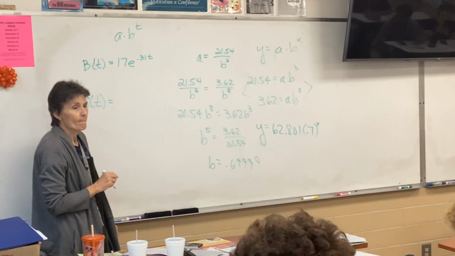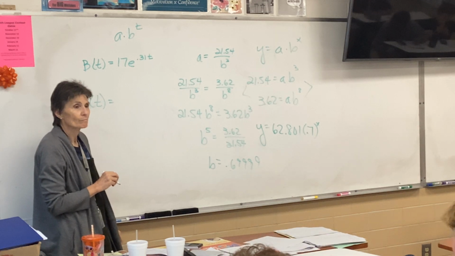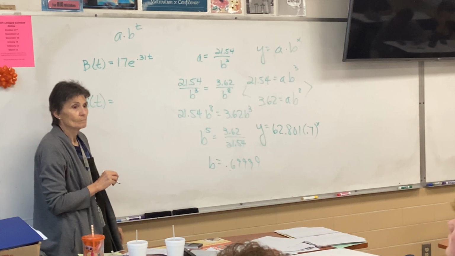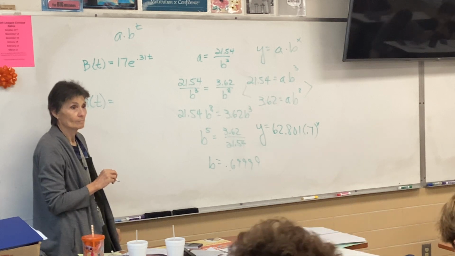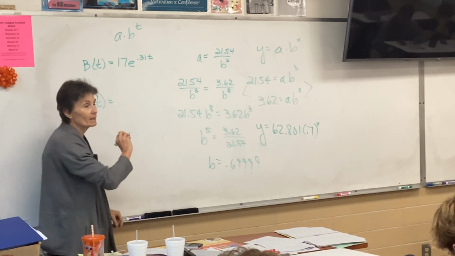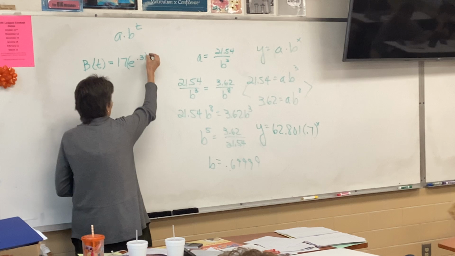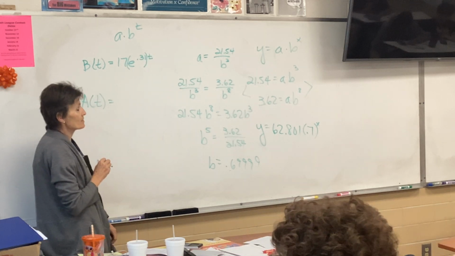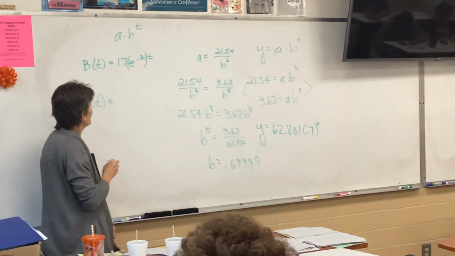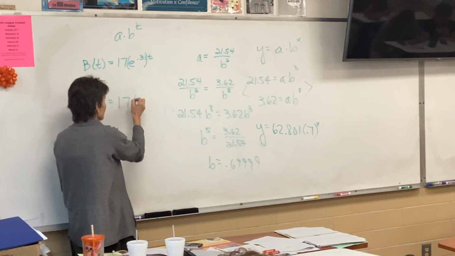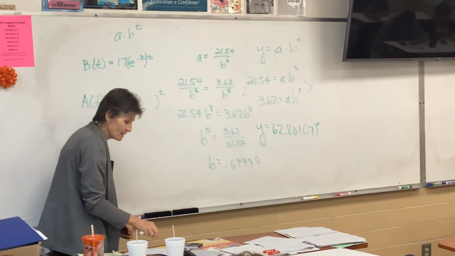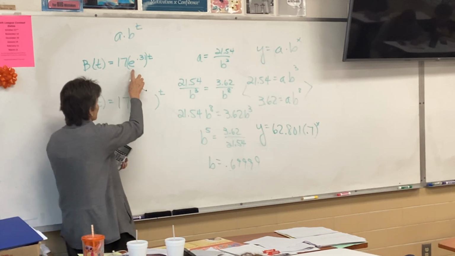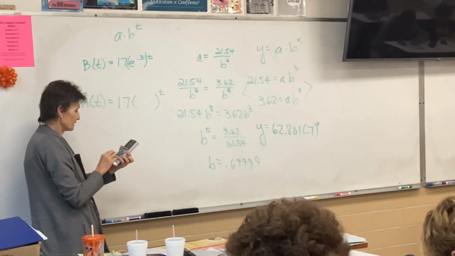Alex? You could do e to the 0.31. Bingo. That's your B right there. That's the thing that's being raised to the Tth power. So A is 17, and now B is e to the 0.31, just exactly like Alex said.